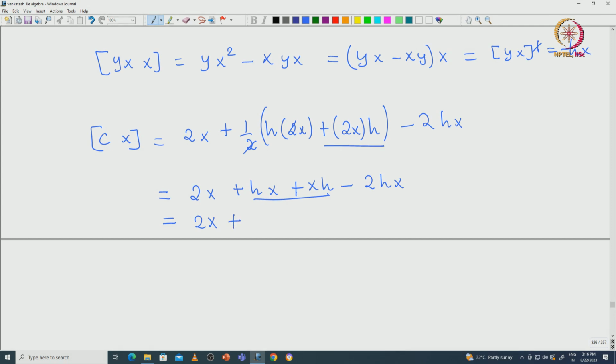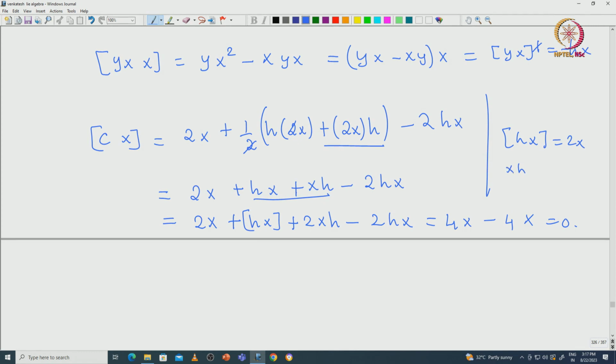So, you write h x, sorry, plus twice x h. That will be minus 2 h x. Then you get exactly 4x minus 4x. So, that is 0. Again we are repeatedly using h x is equal to 2x and then x h is minus 2x.